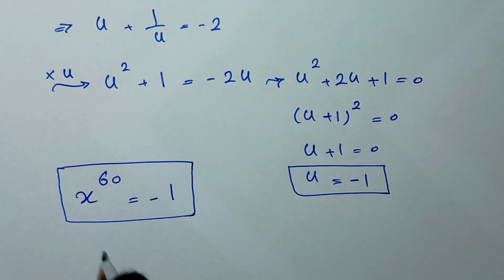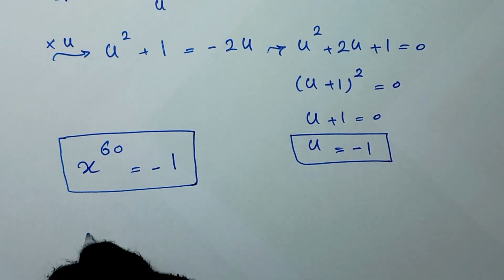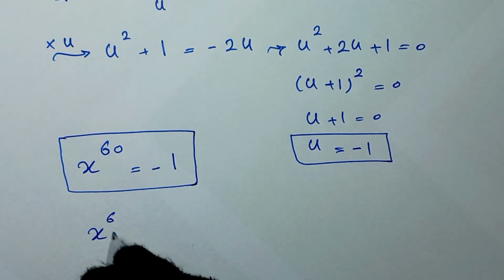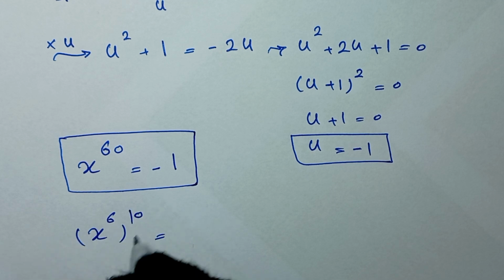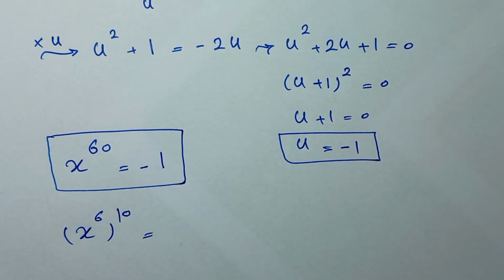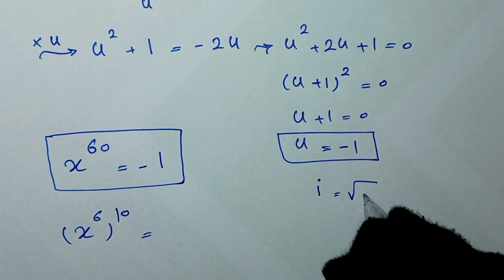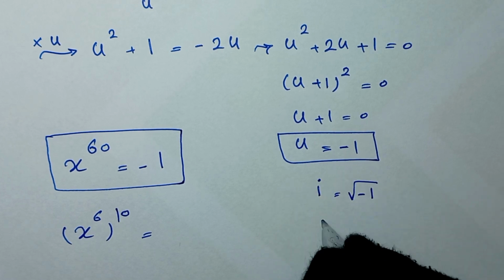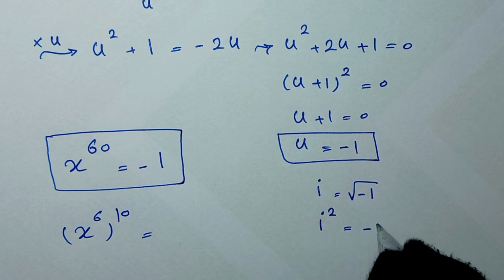And in here, we can write this x to the power of 60 as x to the power of 6 to the power of 10, right? Is equal to negative 1. And as you know, i is equal to the square root of negative 1, right? So i square is negative 1.